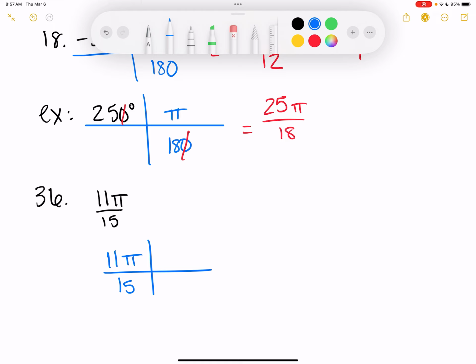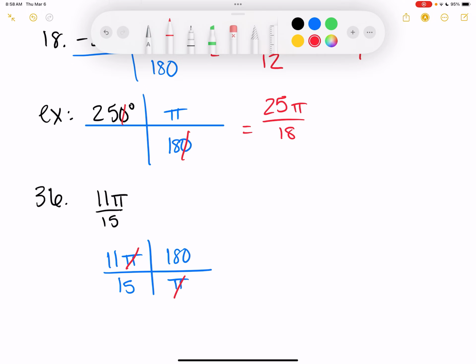So now I want radians to degrees. That means degrees needs to be on top. So this is going to be 180 over pi. So pi's will cancel. And the nice thing with these is at this point you get to just plug it in your calculator because we don't leave degree measures in fraction form.